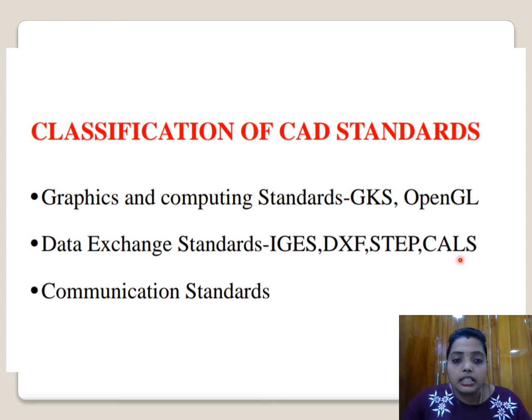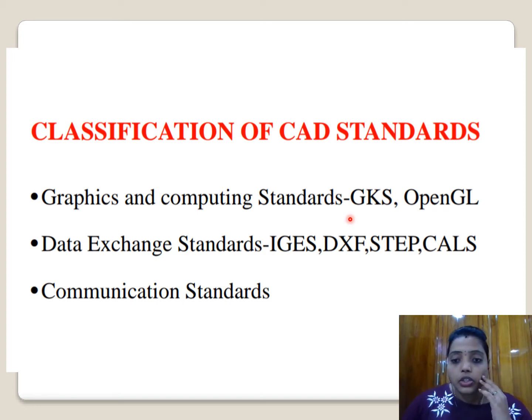According to the CAD standards, first one is the graphics and computing standards. Graphics and computing standards means, as I'm already saying to you, graphics means we will be applying some softwares. By using some softwares, we are developing the basic object into different models.